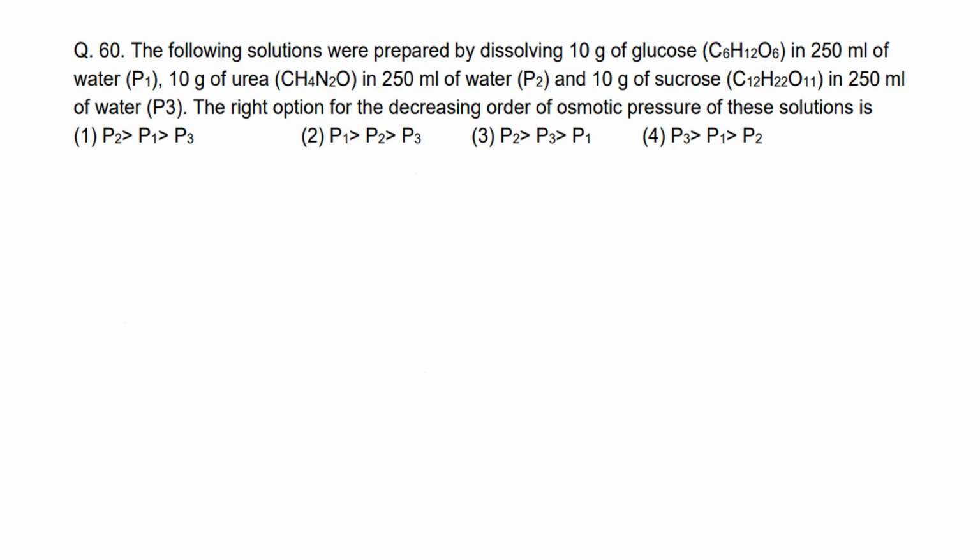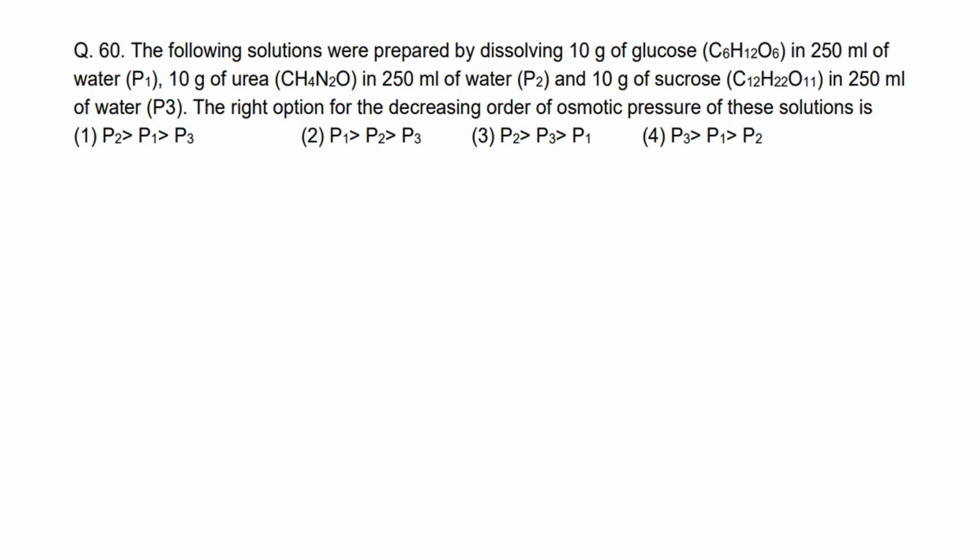So osmotic pressure depends on the concentration. That concentration, again, depends on the number of moles dissolved. And number of moles is inversely proportional to molar mass because the weight is the same in all the cases, 10 grams each. So it depends on the molar mass.